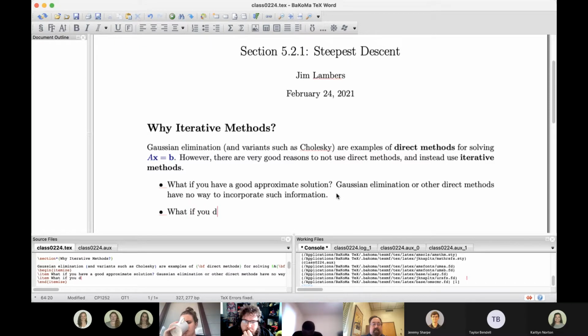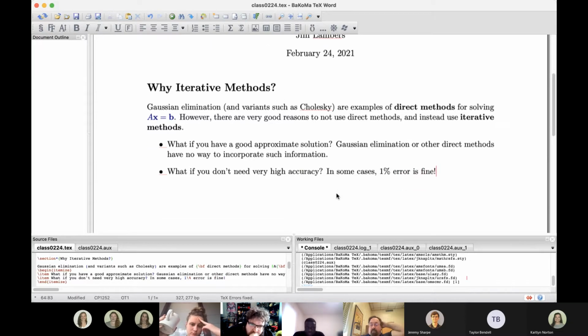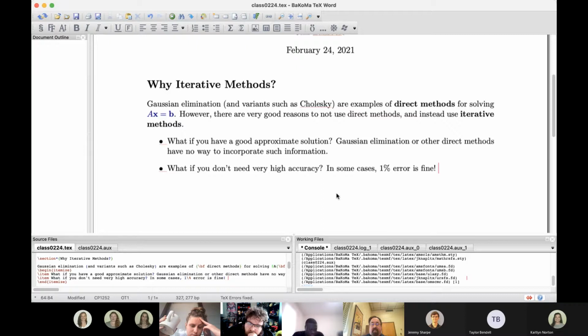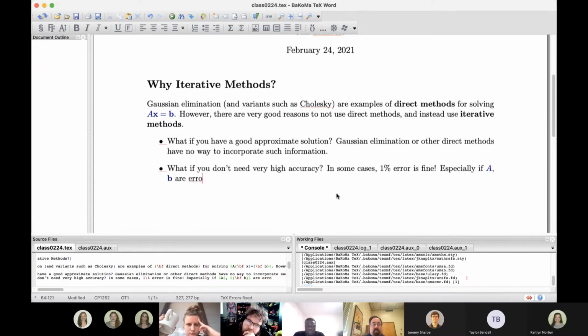Second, what if you don't really need high accuracy? Like, what if you only need a solution that has accuracy within 1%? And this is especially the case if the ingredients of your system, A and b, have errors in them.